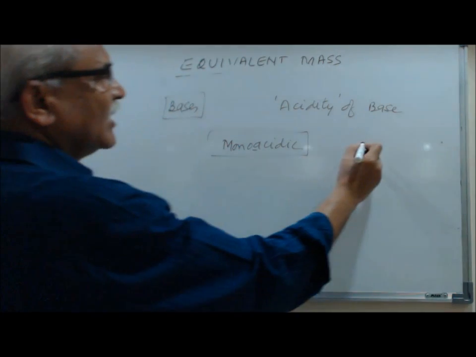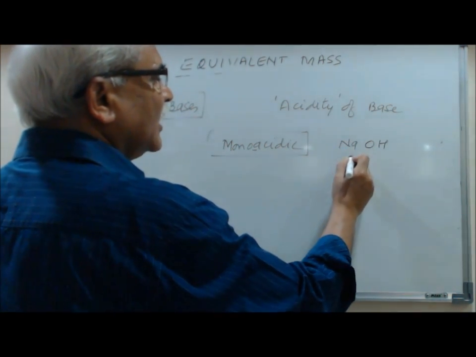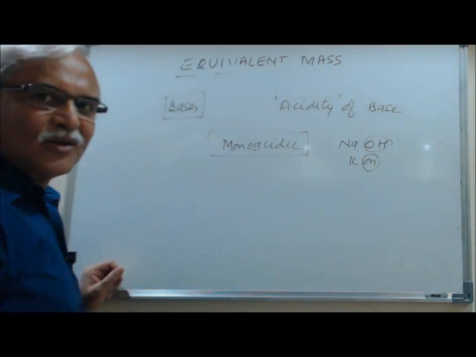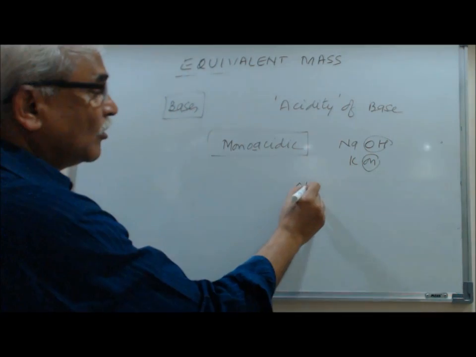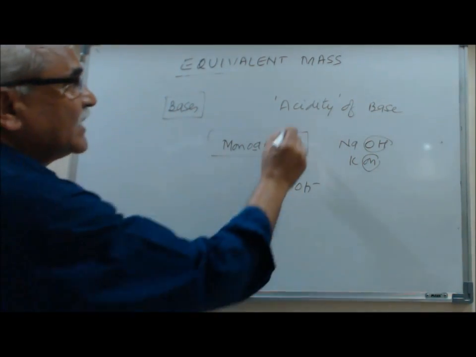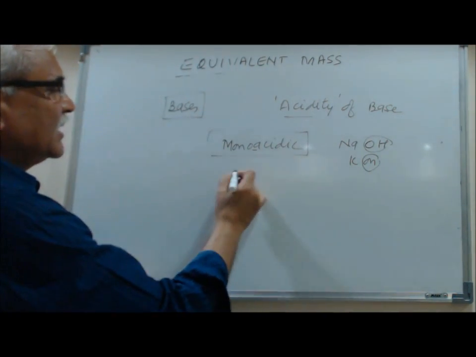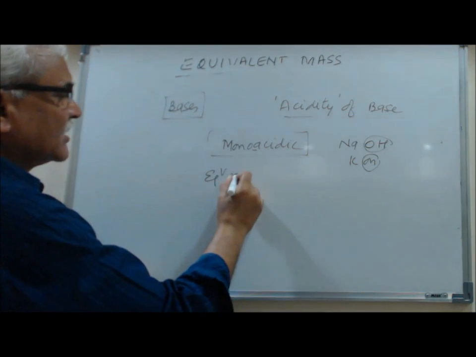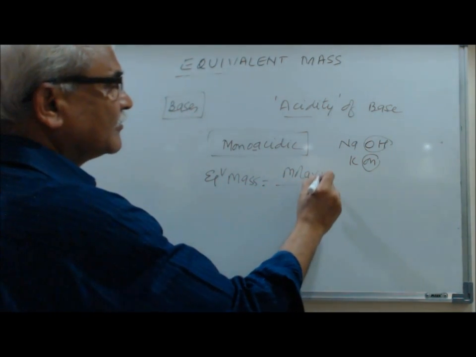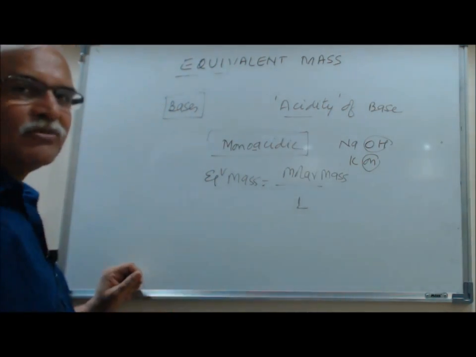Here one check is, it depends on the number of hydroxyl ions. NaOH, KOH, they have only one hydroxyl ion. So they will be attached to only one proton, so their acidity always will be 1. So for monoacidic bases, the equivalent mass will be molar mass by 1, because acidity of such bases is 1.